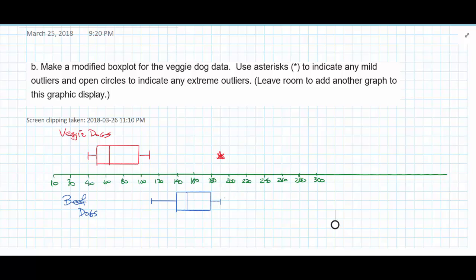Note that the veggie dogs had an outlier, and that outlier had a high caloric value and really matched the calorie count of the highest calorie beef dogs.